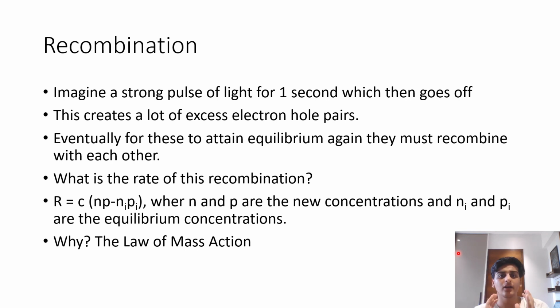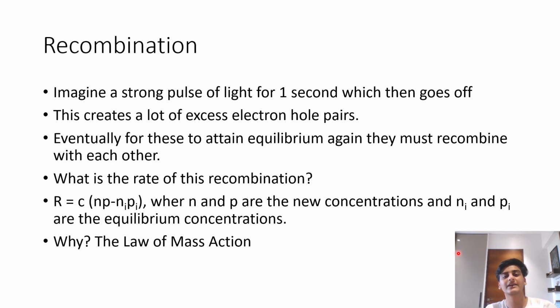Obviously, this will create a lot of excess electron hole pairs over and above what are present in the equilibrium. Now, eventually for this semiconductor material to attain equilibrium, these electron hole pairs must again recombine with each other.